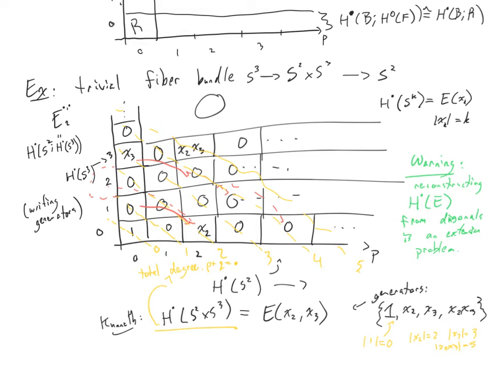Okay, and that's a trivial fiber bundle. So it shouldn't be too crazy that a trivial fiber bundle had no differentials in the spectral sequence coming from the fiber bundle, and therefore it was very easy to compute. But let's do an example now where we don't know all the cohomologies involved.